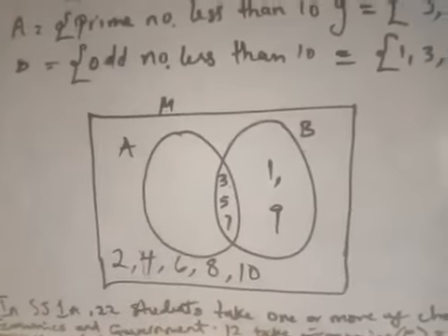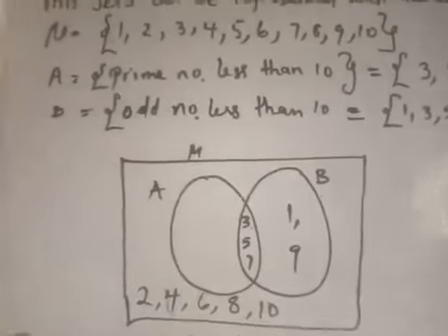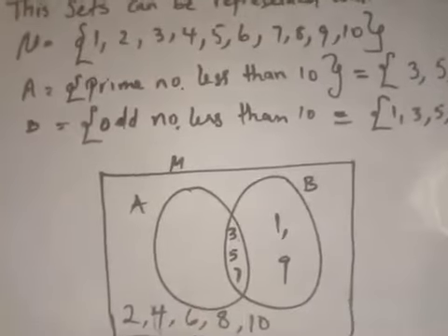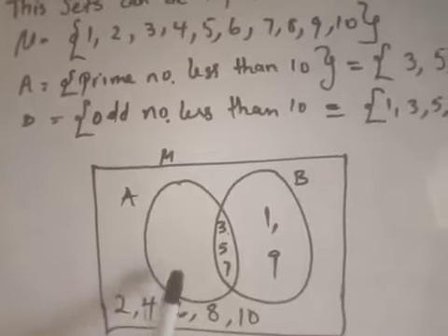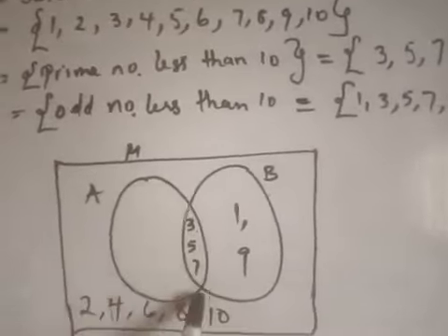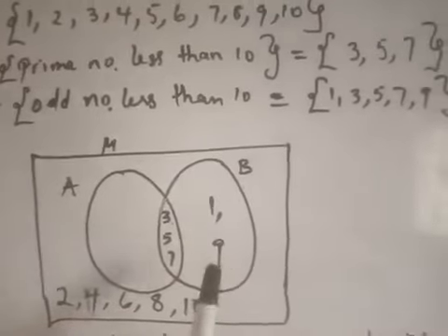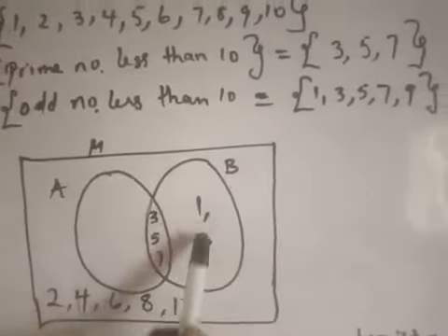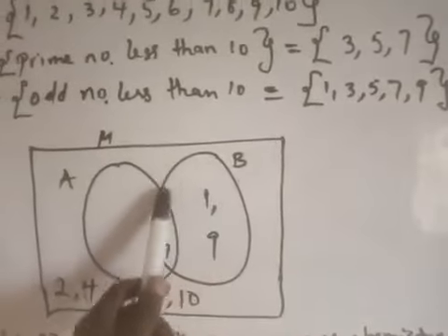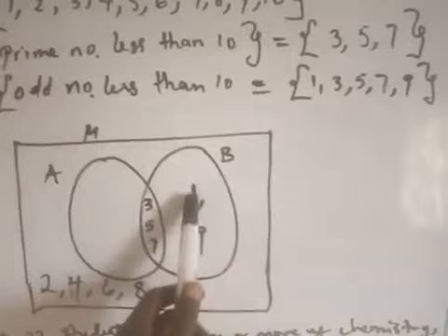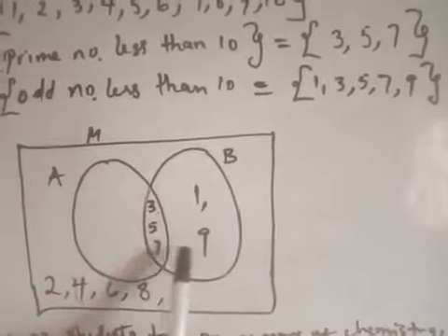So you can see from the expression, if we are looking for the intersection, that is what element can you find in A and you can also find in B. The elements you can find in A and also in B are 3, 5, and 7. You are left with 1 and 9 for B. By the time you check the whole thing, you have 1, 3, 5, 7, 9.